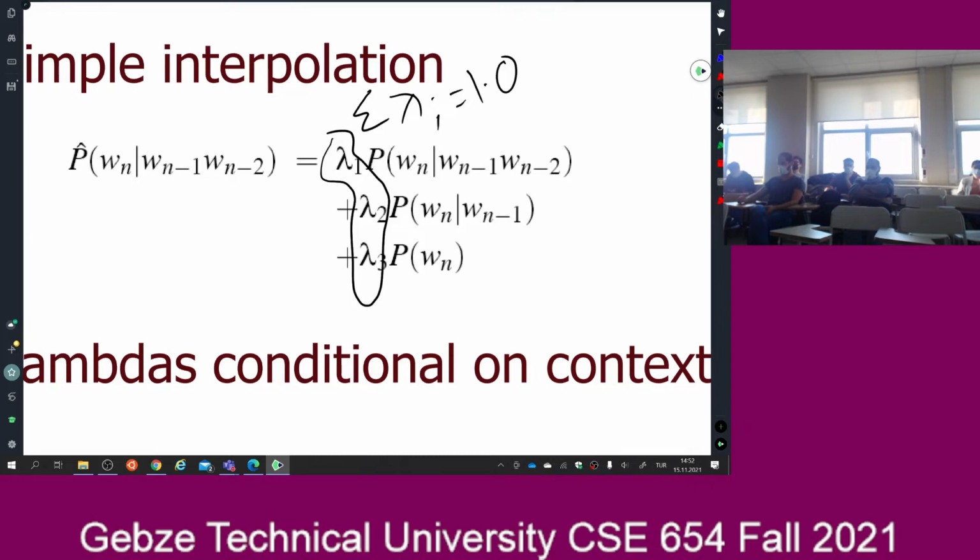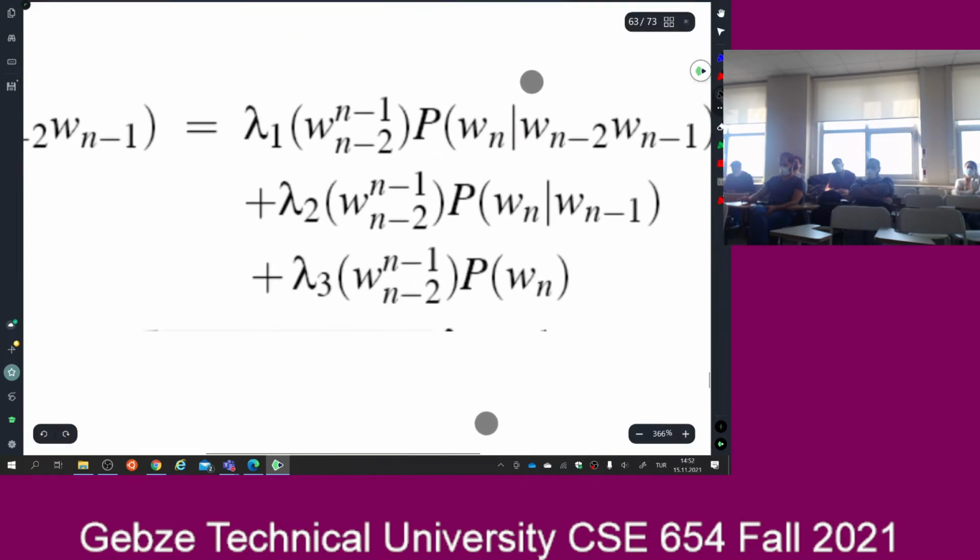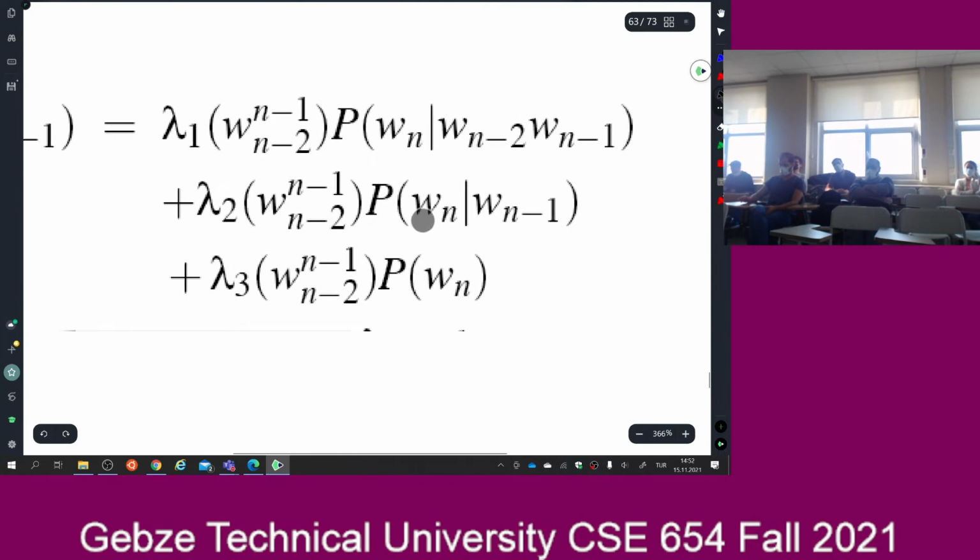So where do the lambdas come from? You calculate them from your training set to make all of your perplexity calculations a little bit better, or run them in an experiment, and it will make things a little bit better. And sometimes people say that these lambdas should depend on the words themselves. You understand this one, right?